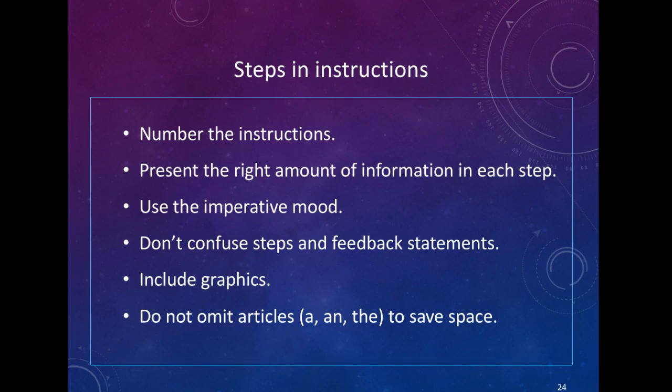For example, if I have step number 3 and I want to provide, if this happens, then do this, or if this happens, then do that, then I need to somehow design my document in such a way, maybe I put my feedback statements in italics, maybe I bullet them, indent them, maybe I put a note. But I do something to indicate to the reader that these are feedback statements.